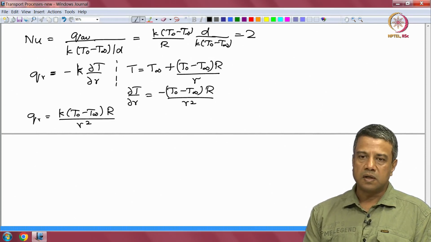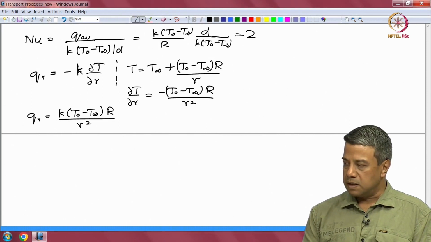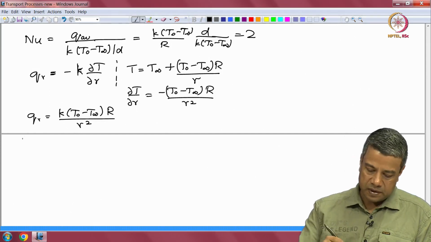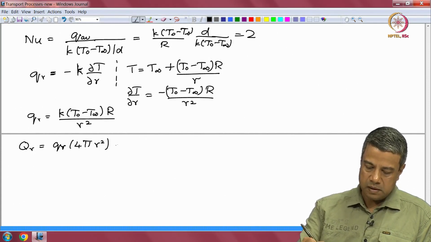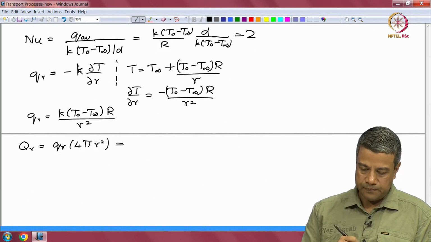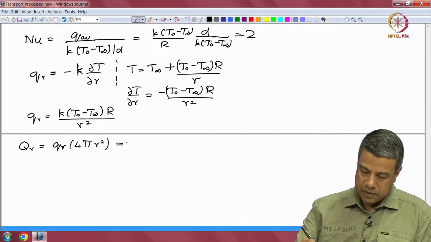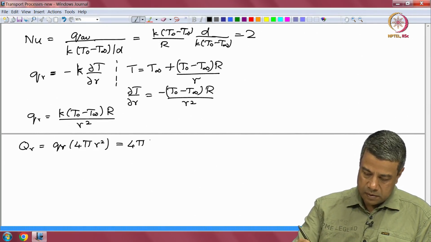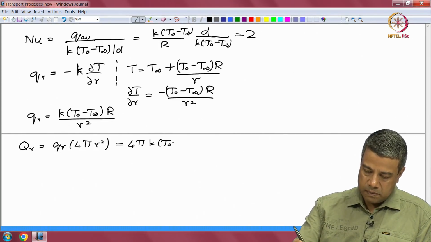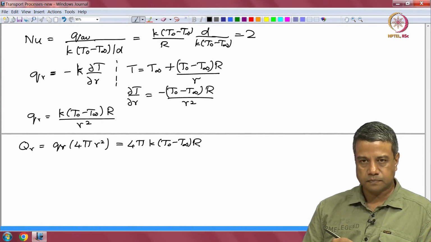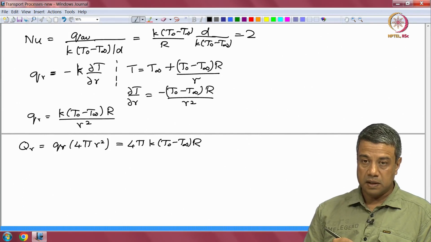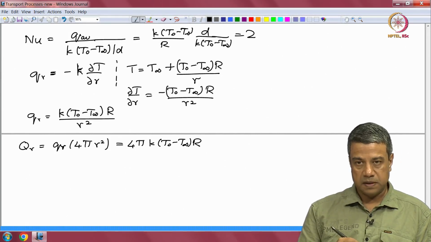Total heat transfer rate, energy transferred per unit time, Q_r is equal to q_r into 4 pi r square. That is the total heat transfer rate, total heat emitted by this sphere.